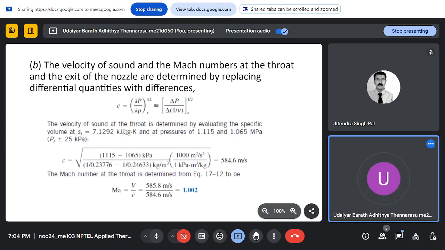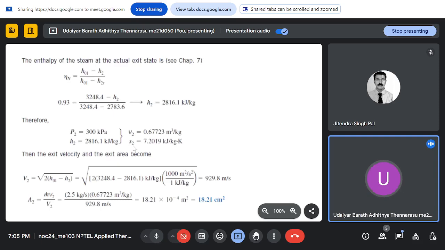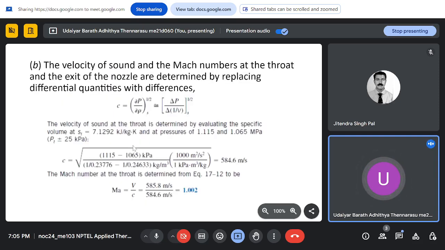So velocity of sound at throat is determined by evaluating specific volume at the constant entropy condition of 7.1292 for pressures of 1.15 and 1.065. Because we don't know the value for the exact pressure, we take two and extrapolate it.